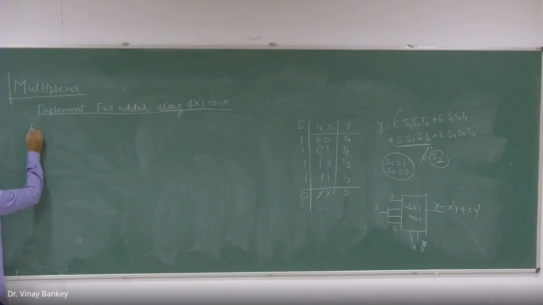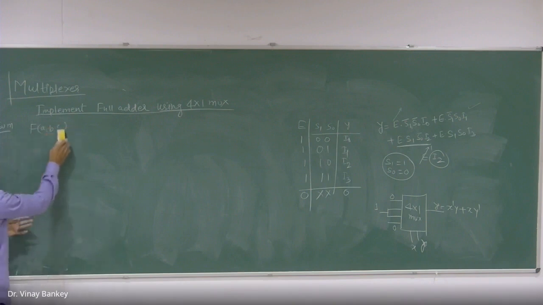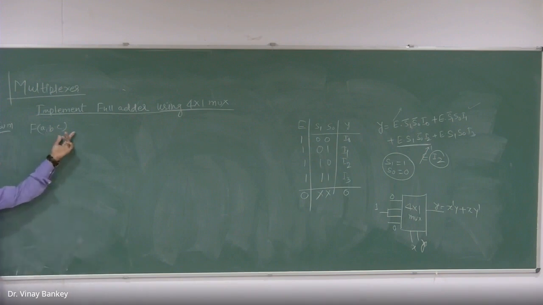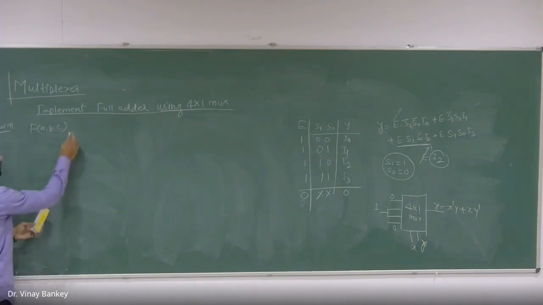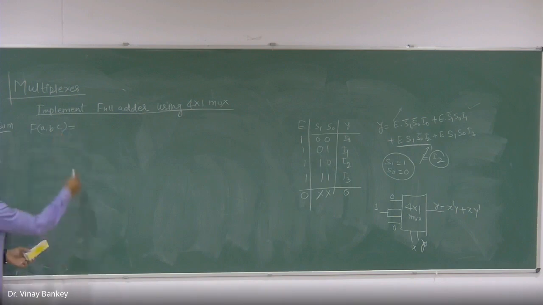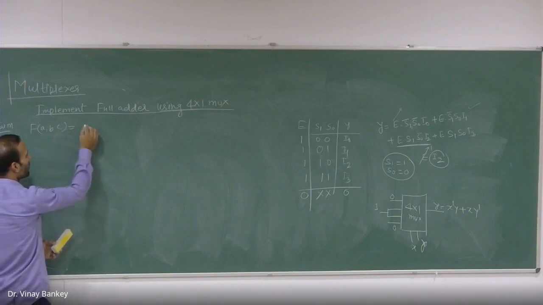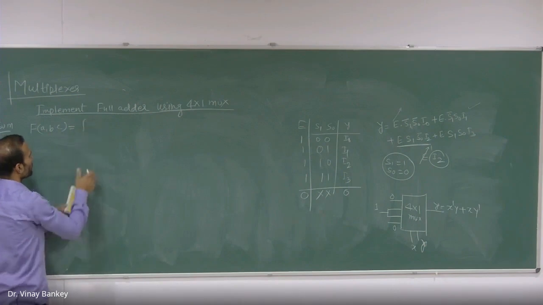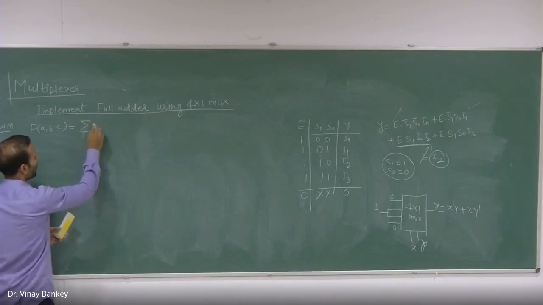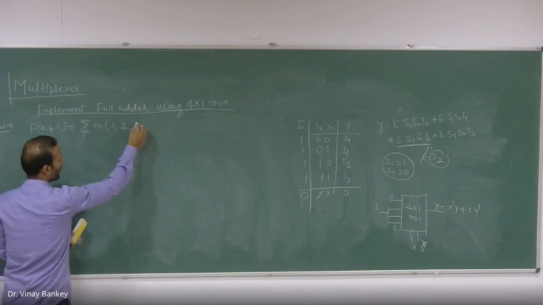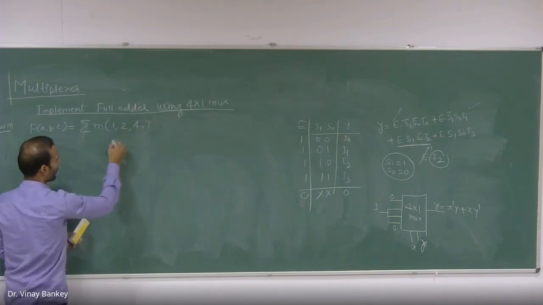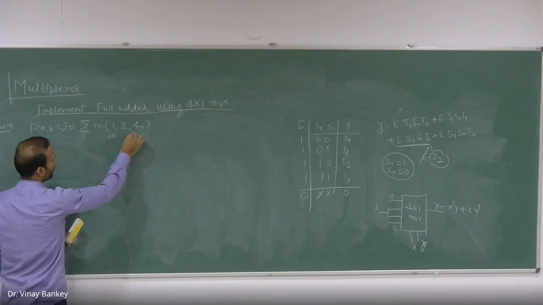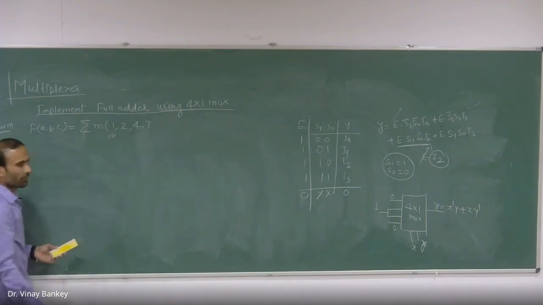Okay, can anyone tell me what are the minterms for the sum of the full adder? A, B, and C, and I assume this C is C in. So what are the minterms? Summation 1, 2, and what? 4, 7. Yes.